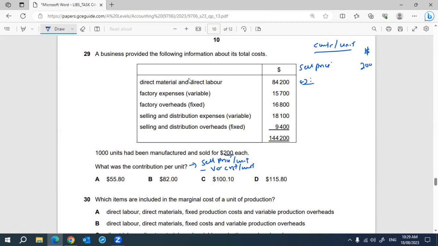We'll start off with direct material, direct labor. The calculation would be 84,200 divided by 1,000. That would be 84.2. Next would be factory expenses.